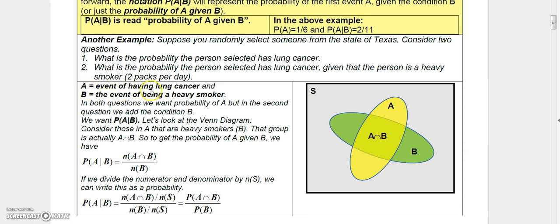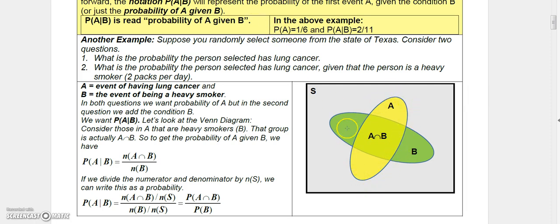Let's say A represents all those people that have lung cancer, so that would be this yellow set here. And let's say B is the event of being a heavy smoker, so that would be these guys here. In both questions we want the probability of A, but in the second question we added the condition B. So we want the probability of A given B. I'm not asking for all of the smokers, and I'm not asking for all of the people that have lung cancer.